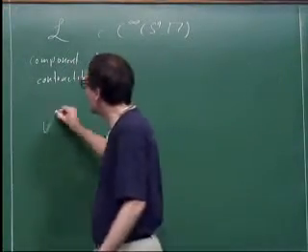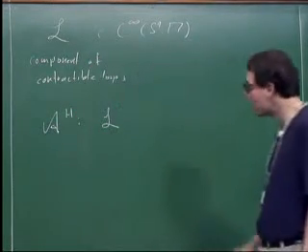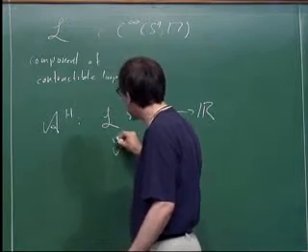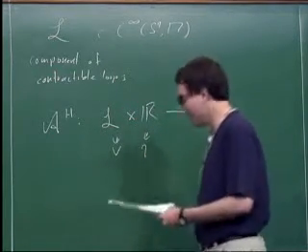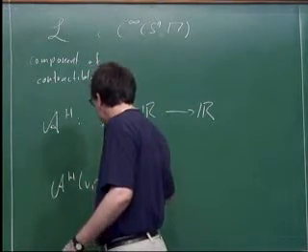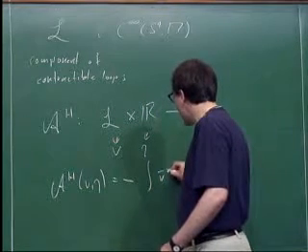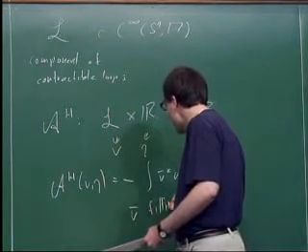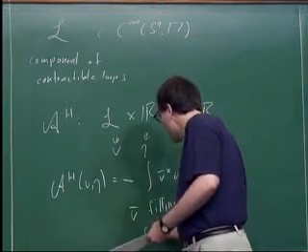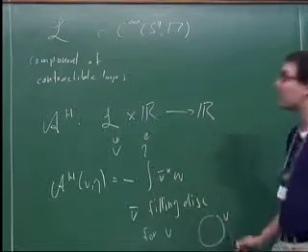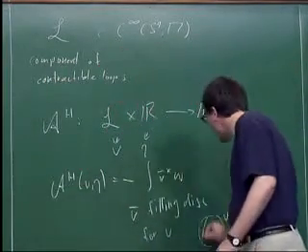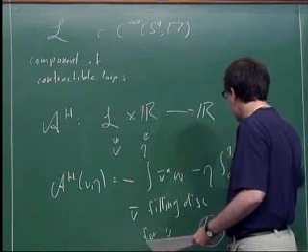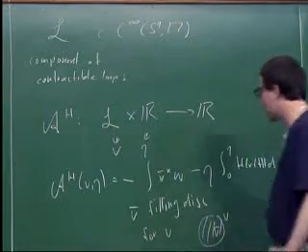Then this action functional, A^H, goes from this loop space times R to R. If I give you a loop v and a real number eta, then A^H(v, eta) equals minus the area of a filling disk, where v bar is a filling disk for v, which we can use since v is contractible, minus eta times the integral from 0 to 1 of H(v(t)) dt.